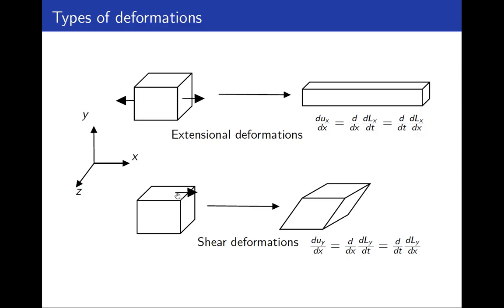So the force is being applied over this surface. We apply a shear force here, and we are causing a shear deformation, which can be represented in this figure. So here I'm representing the variation of the velocity in y direction, how it varies in the x direction.